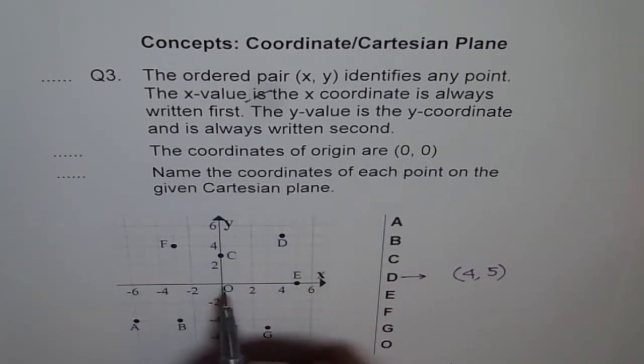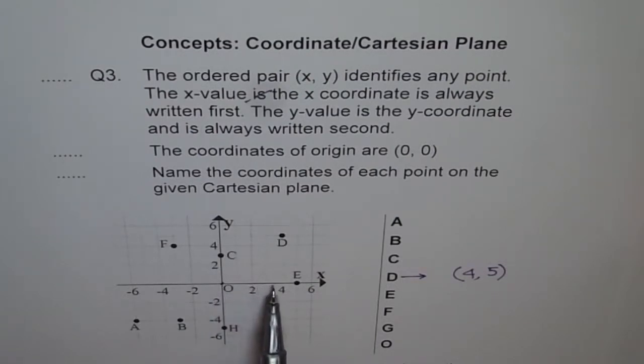This is our origin, the point where the x and y axes intersect. At that point, x is 0 and y is also 0. As we move right, the x value increases, but the y value remains the same, since you're not going up. As we move left, the x value decreases into negative numbers, and y remains 0.